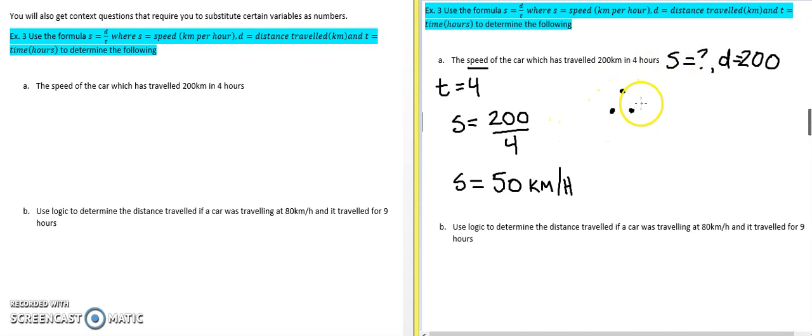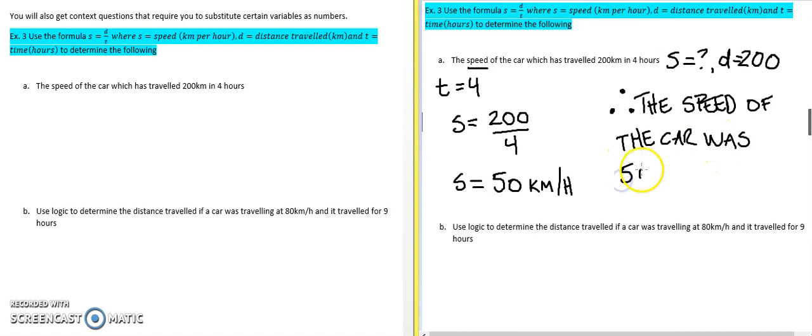We'll say therefore the speed of the car was 50 kilometers per hour. The format is in sentence form, so when you answer questions within your test or your exam, you have to answer in sentence form as well.